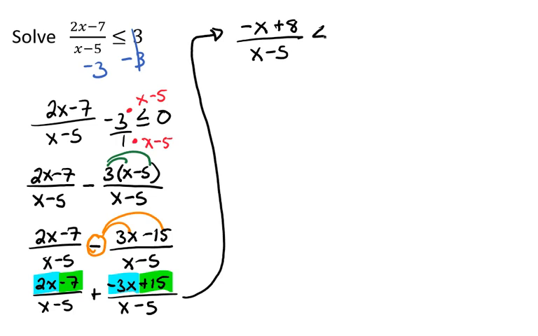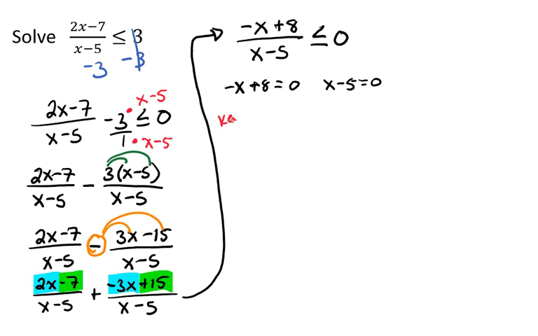And then remember, that was less than or equal to 0. From here, in order to find our key numbers, we're going to take our negative x plus 8 and set it equal to 0, and take our x minus 5 and set that equal to 0.